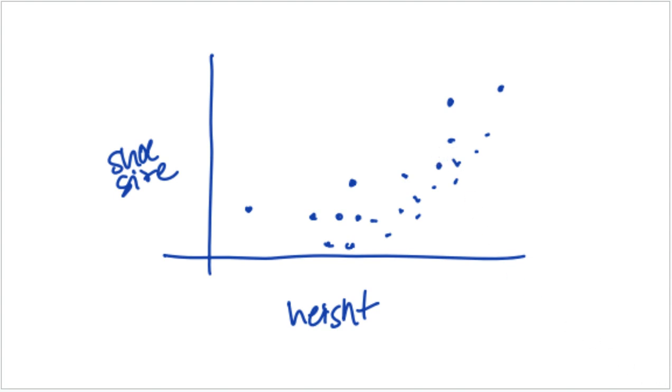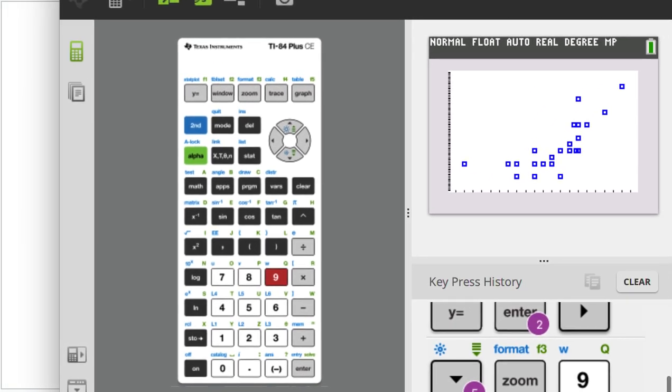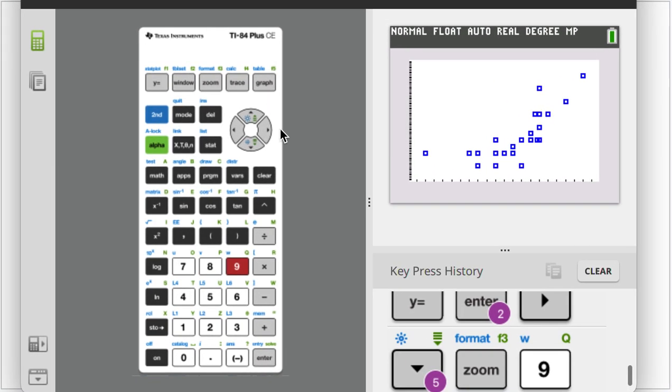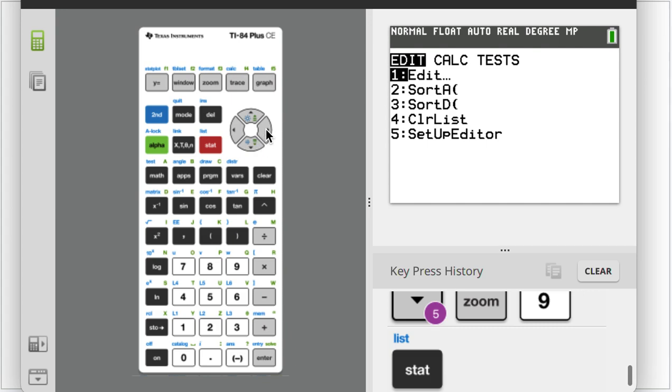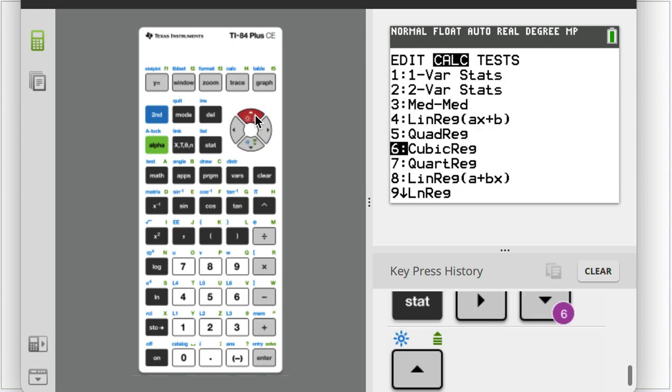So, 100%, we're going back to our calculators. We're going to go back to stat. Assuming that we still have our data in our calculators, which we do, we hit stat, go over to calculate, and go down to linear regression.